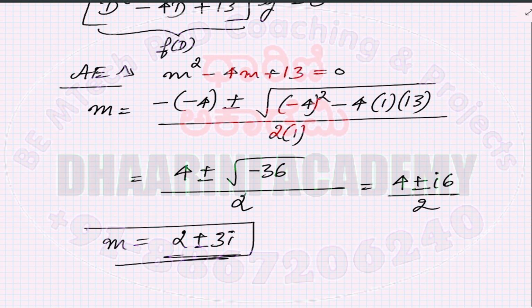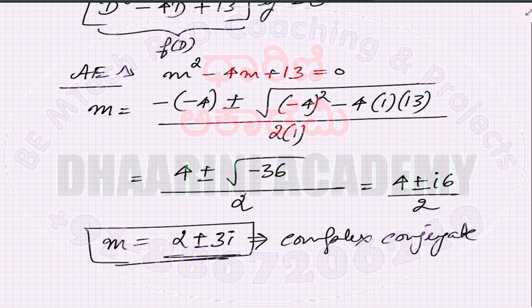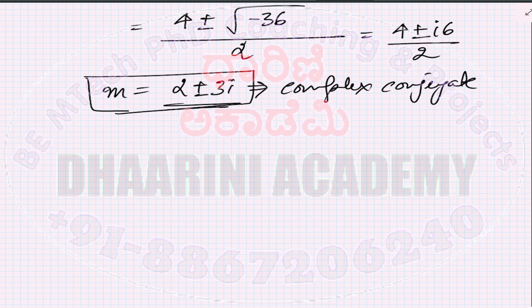So I understand that these roots are actually complex conjugates. Complex conjugate roots fall under the third category of our table, right? And when I refer to the table, I understand that therefore the YC can be written as e to the power, the real part. Real part in this problem is 2, correct?